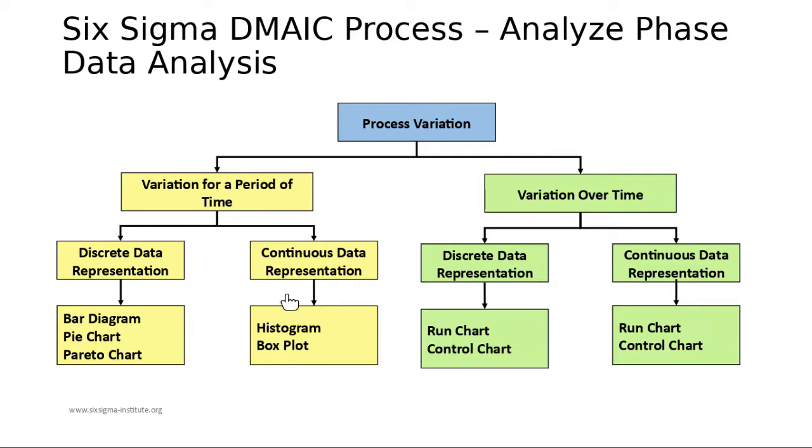If it is continuous data, then you use the histogram or box plot. If it is discrete data, then you use bar chart, pie chart, or Pareto chart. This is not limited, but this is very commonly used based on the type of data. We will talk briefly about most of those tools in the next slides.